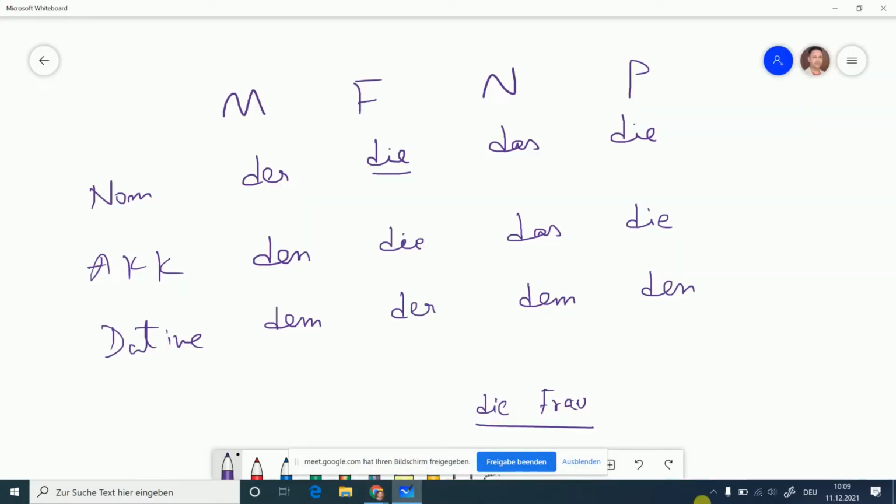So when we say die Frau, whenever we learn any noun, any gender of a noun, it is always in nominative we learn. If we say Hund, which is by the way dog, and we say the gender of Hund is der, that means we are talking in nominative form only, right?